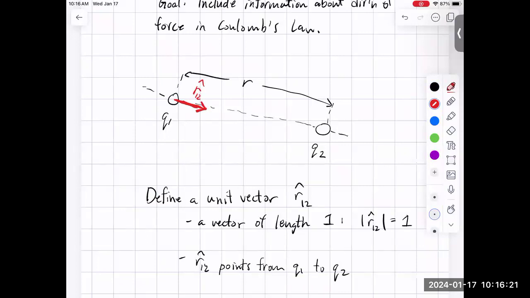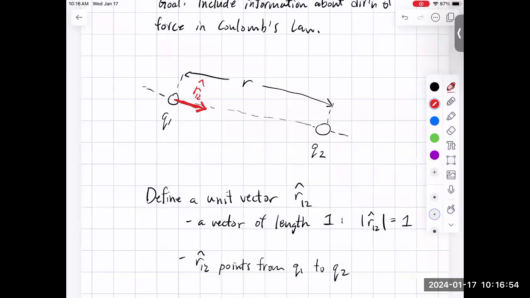So now let's just think about this for a second. If these two charges, Q1 and Q2, were the same sign, both positive or both negative, there would be a repulsive force. So if I was to ask, what is the force on Q2 due to Q1? We would say it's repulsive. It's along the line that connects the two charges. And in fact, it's going to be exactly parallel to this unit vector that we just drew.